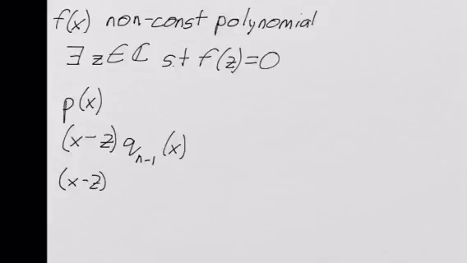And then this time we'll use a different letter. We'll say x minus w times q sub n minus 2 of x. Well, we keep on going with this. Eventually this whole process is going to terminate.